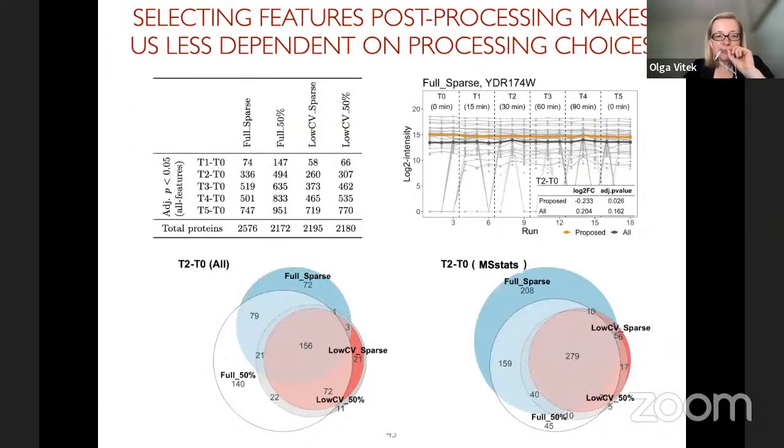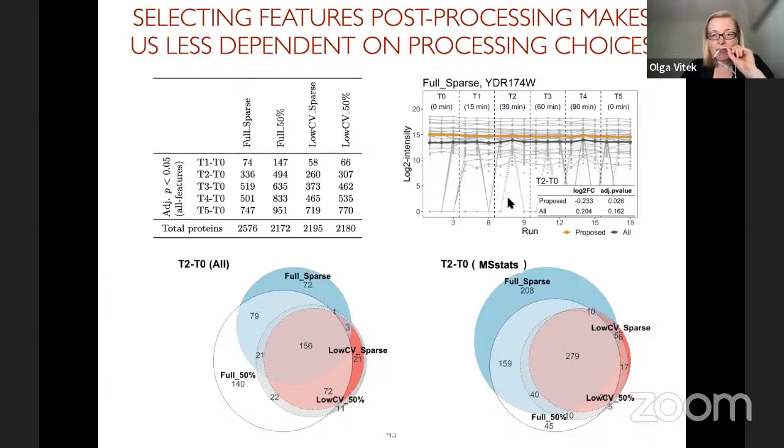And so here is the example. This is for an individual protein. Again, that's what we looked at. Now, this is how our conclusions become more robust to these choices of filtering, right? So this is if we use all the features. We see that for comparing time 2 versus time 0, depending on how you process the data, there will be different proteins claimed as differentially abundant.